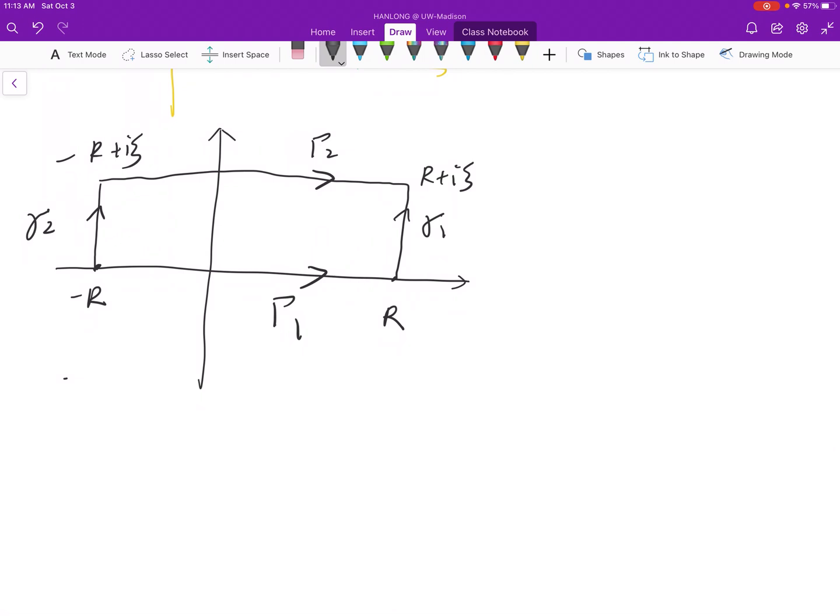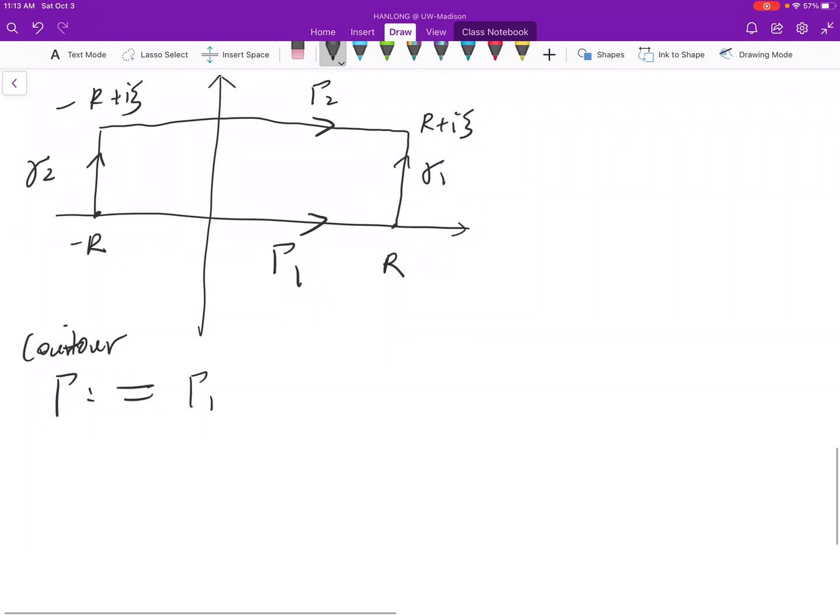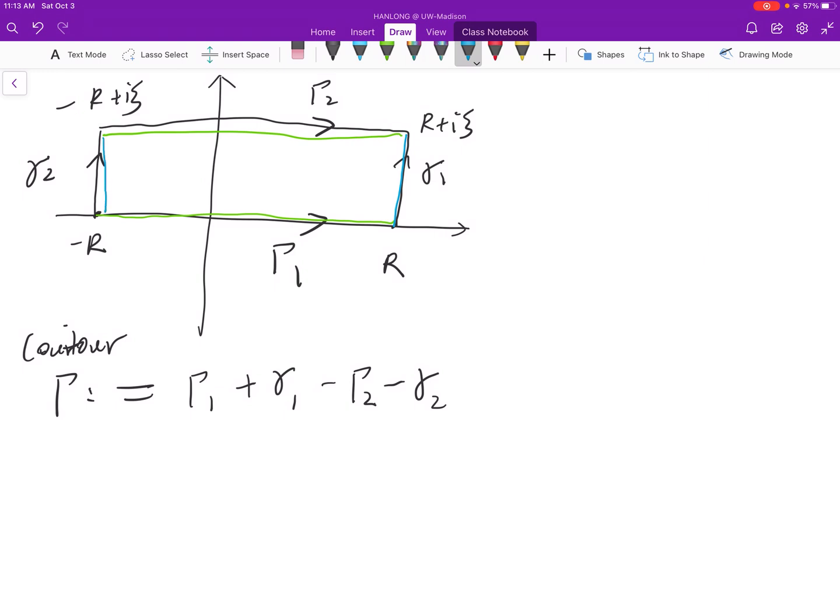Okay, so the contour we are going to consider is capital gamma, which is capital gamma 1 plus small gamma 1 minus capital gamma 2 minus small gamma 2. Then you have a loop, just like this one. You first go this way, and then this way, then go this way, and then finally turn back.